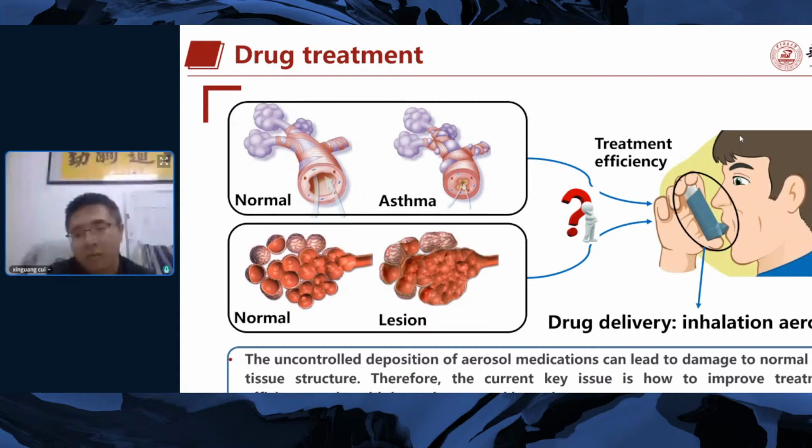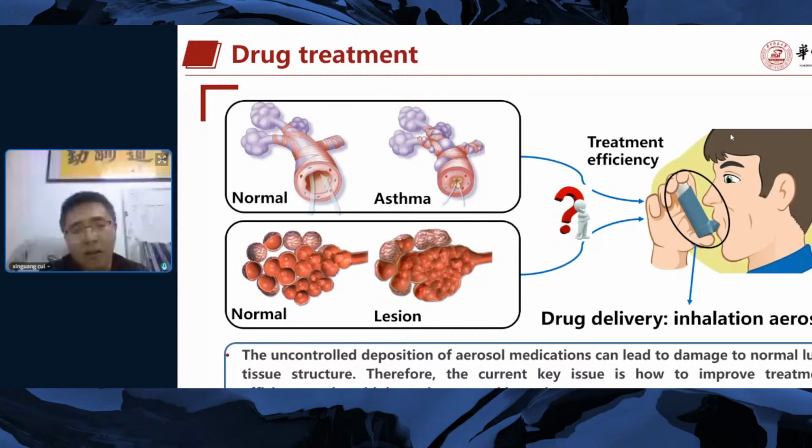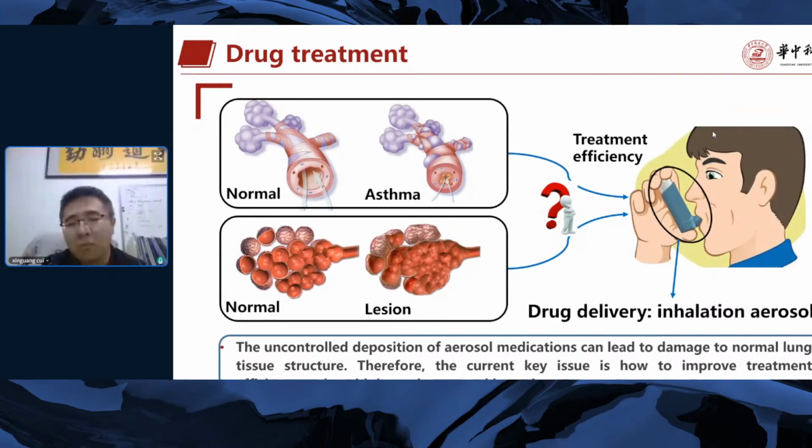In fact, inhaled drugs are more researched in the United States, and in China, we learn more from the side of air pollution.